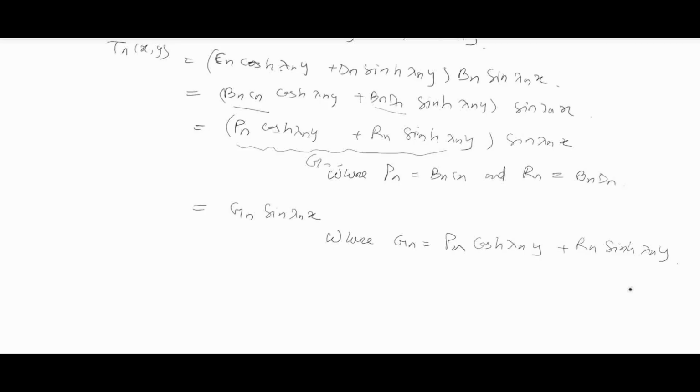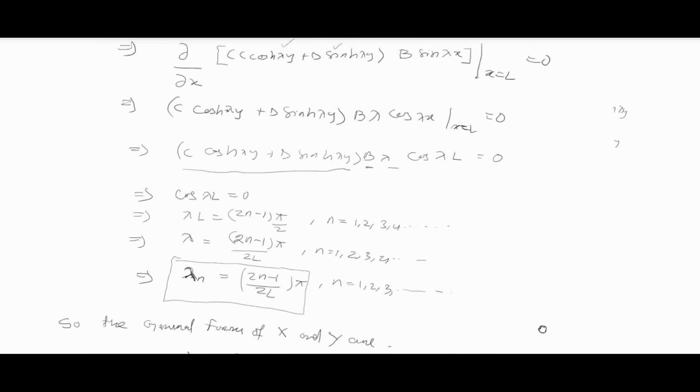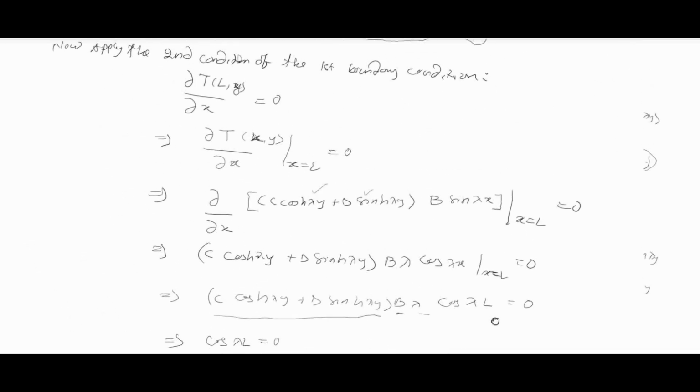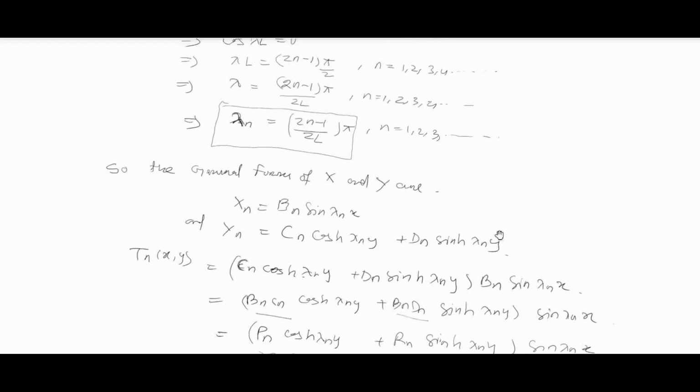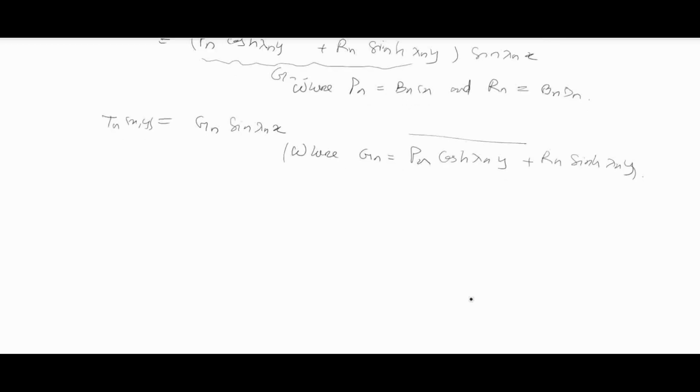Let us keep this as an equation. So Tn(x,y) is equal to this much. This one is equation 8, this is equation 9, the value of lambda, and this is equation 10, where for Tn(x,y) we got gn and this.